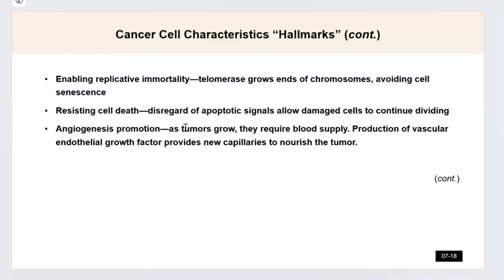Under normal conditions, apoptosis is very regulated, very programmed, very routine. It just happens. But again, when we have a tumor cell, they are going to be resistant to this mechanism.